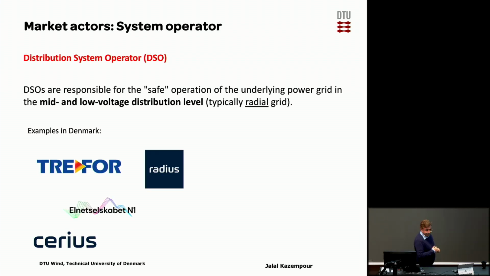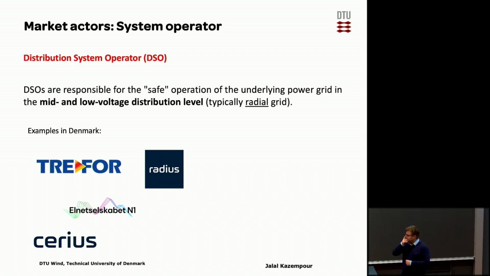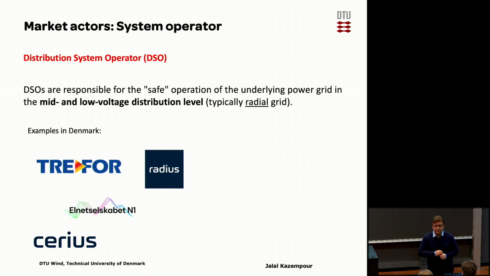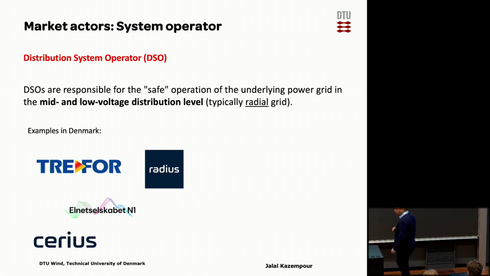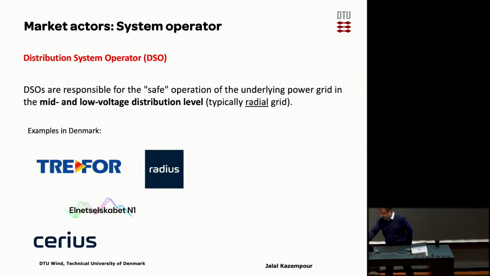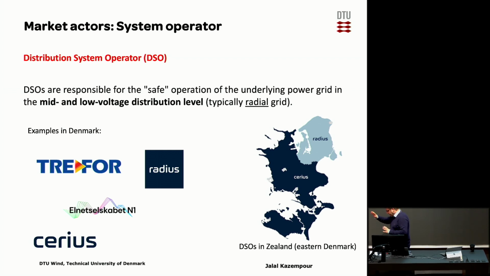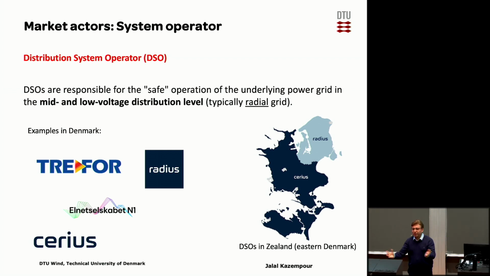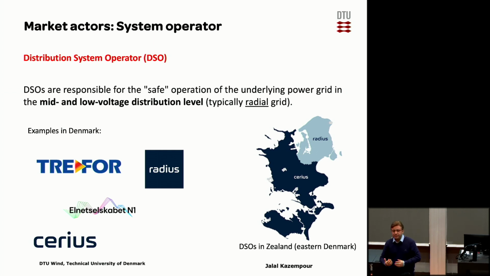So examples in Denmark, there are, I think, around 10 DSOs in Denmark, but some examples are Kazempour, Radius, N1, and Sirius. Then every DSO has its own, let's say, territory or region where they operate the distribution grid.